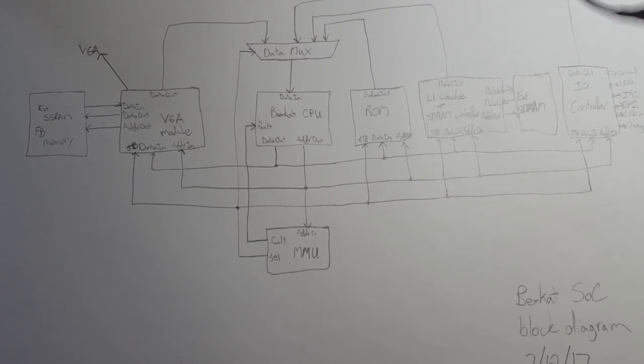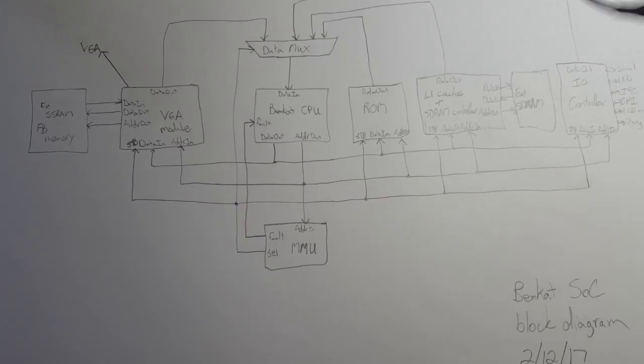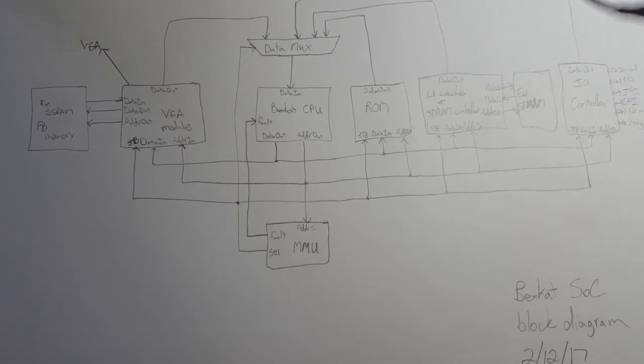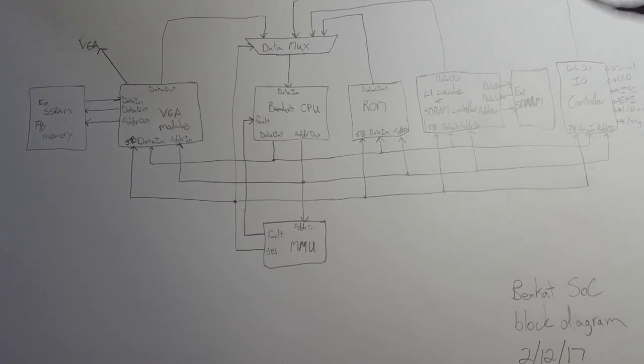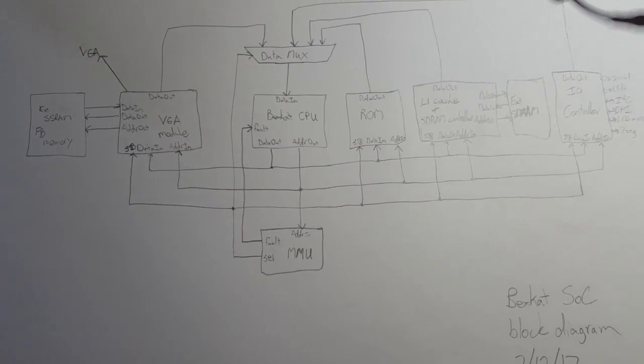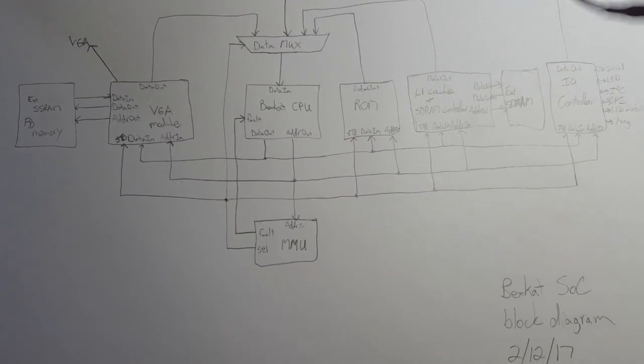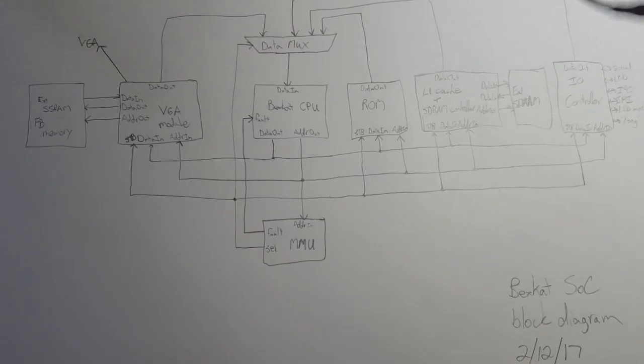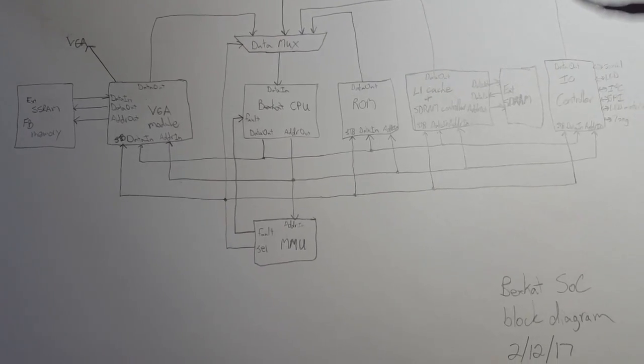So in the center, obviously, you see the CPU itself. It's got 32-bit data and address buses, with the top 4 bits broken out and going into a simple MMU.